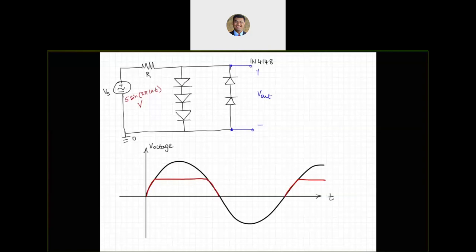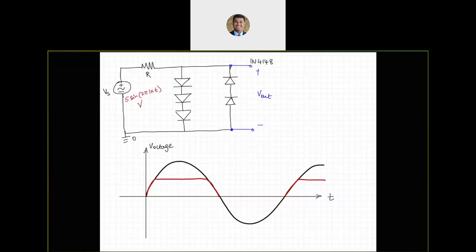Now let's talk about what happens when there is a reverse cycle. When you have a reverse cycle, or reverse biased, these three diodes are going to be reverse biased, but these two are going to be forward biased because you have a negative towards a negative and positive towards the positive. And they are going to need in total 1.4 volts to turn on.